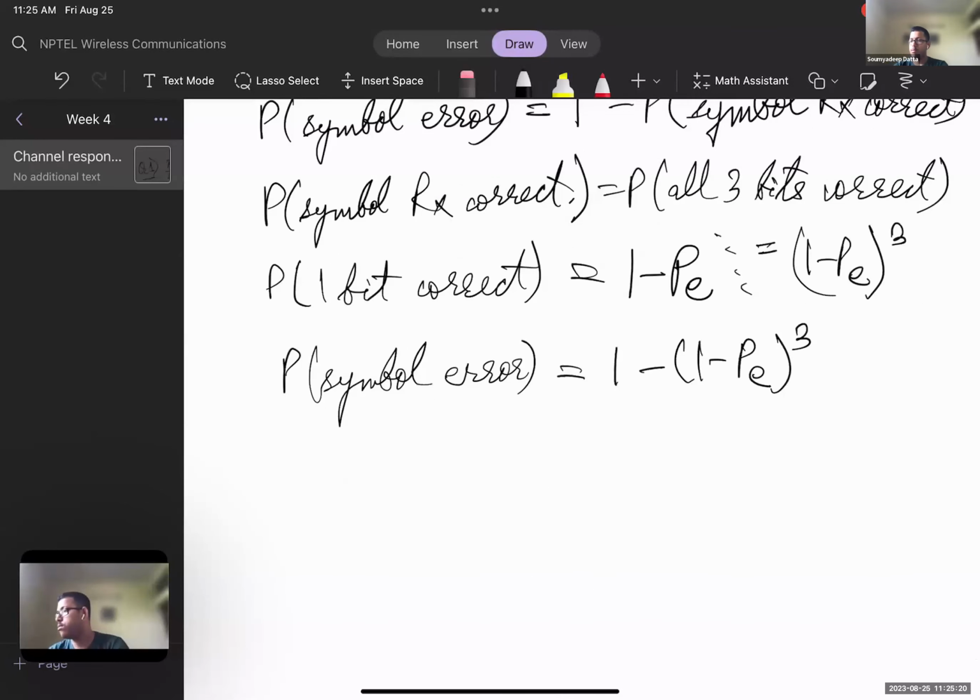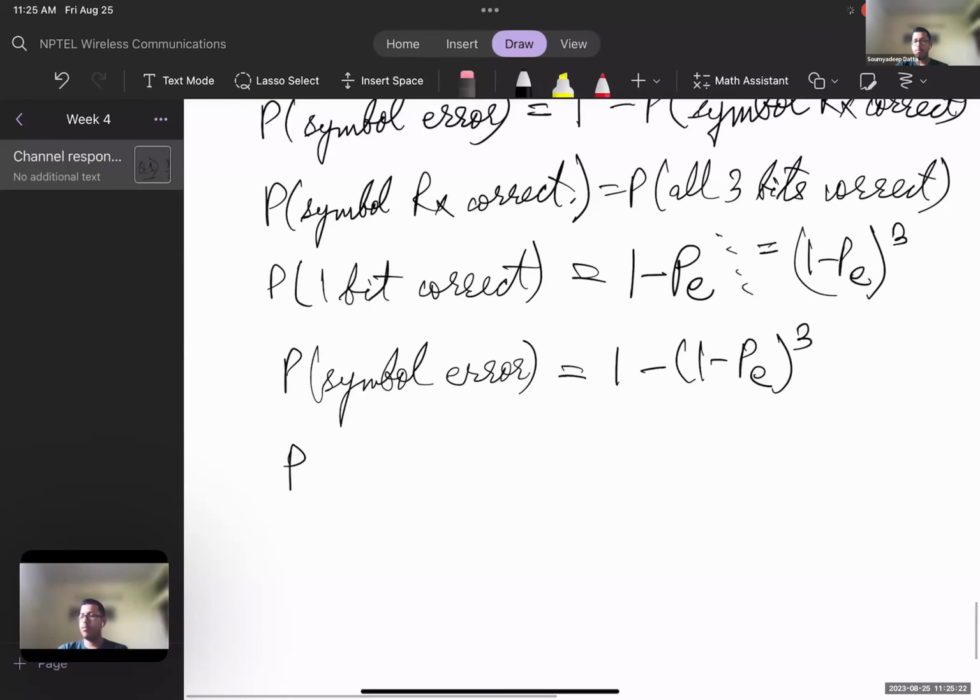This probability is actually denoted as bit error rate.